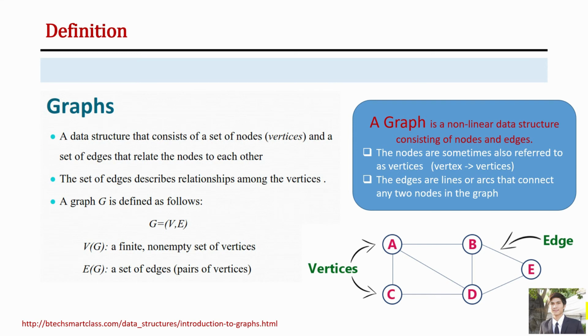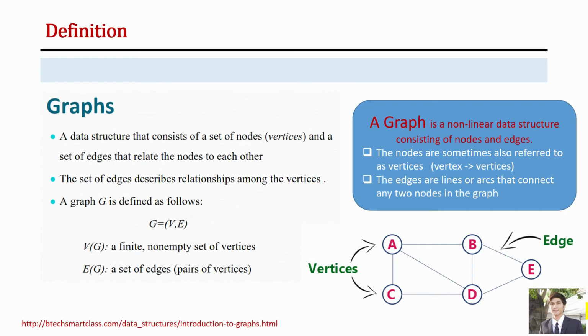A line connecting one vertex to another, I will sometimes call an edge, or an arc is fine. So here we have 5 nodes, and how many edges? There are 7 edges, because they are connected to each other.